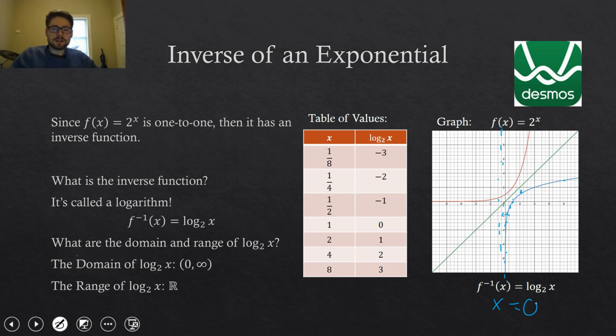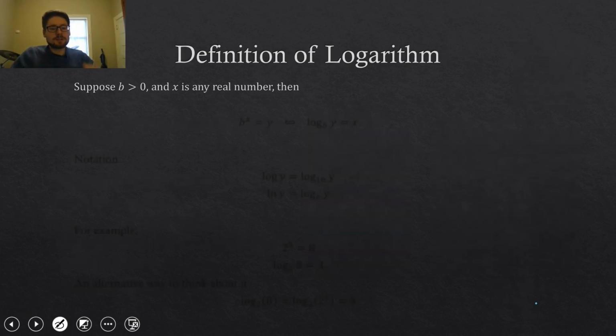Now we're going to go ahead and look at some logarithm properties. And namely, let's first get into another way to frame the logarithm. Again, it's going to be in terms of exponentials. So, definition. Suppose we have a positive number for b, and x is any real number.